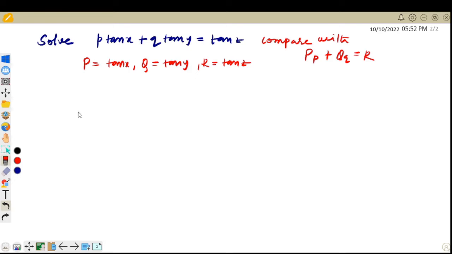First, we are going to write the Lagrange's auxiliary equations.